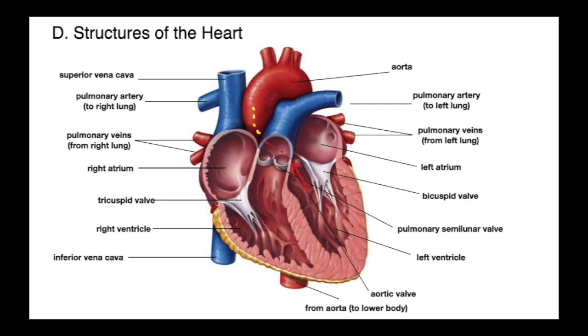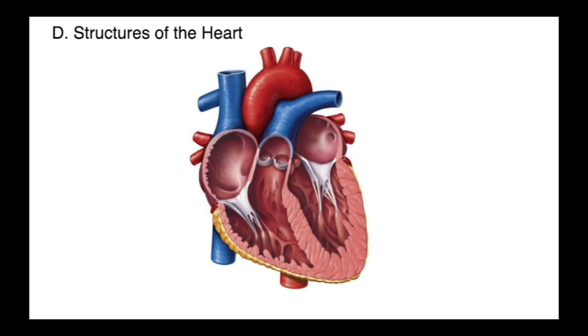And then blood comes here and goes out into the head and arms, upper body. And then this curls in kind of behind and then down. I want you to memorize all of those structures. Okay? Next.